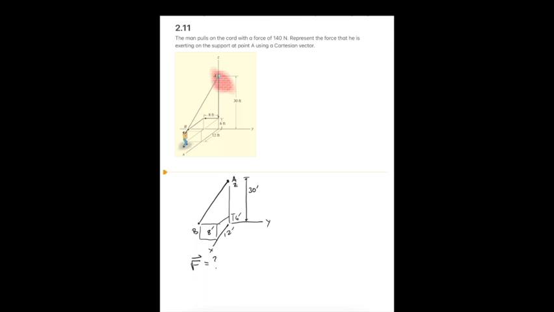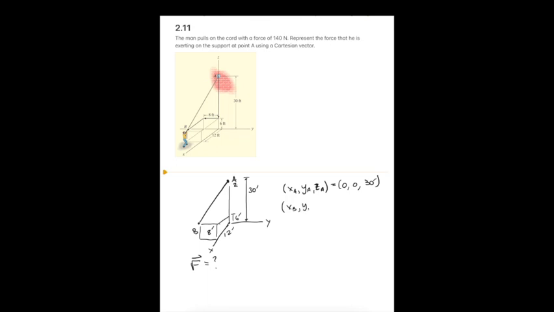So the first thing we want to do is lay out the coordinates of point A. We see that point A is directly above the origin, so there's 0, 0, and it's 30 feet up in the z direction.